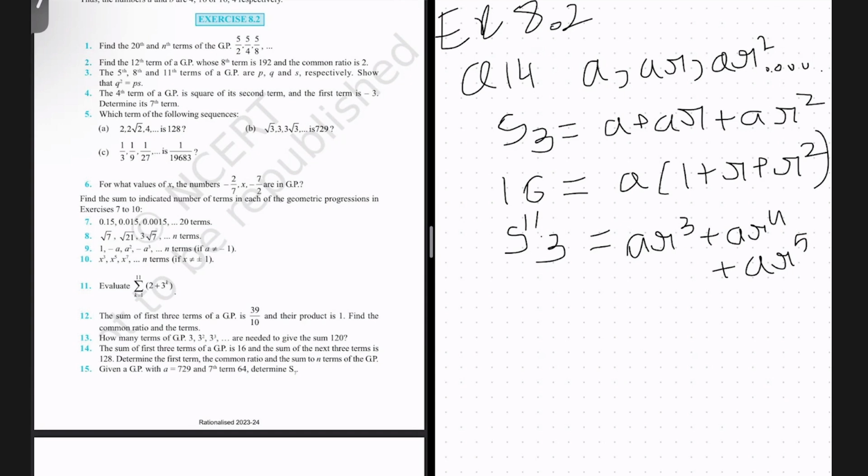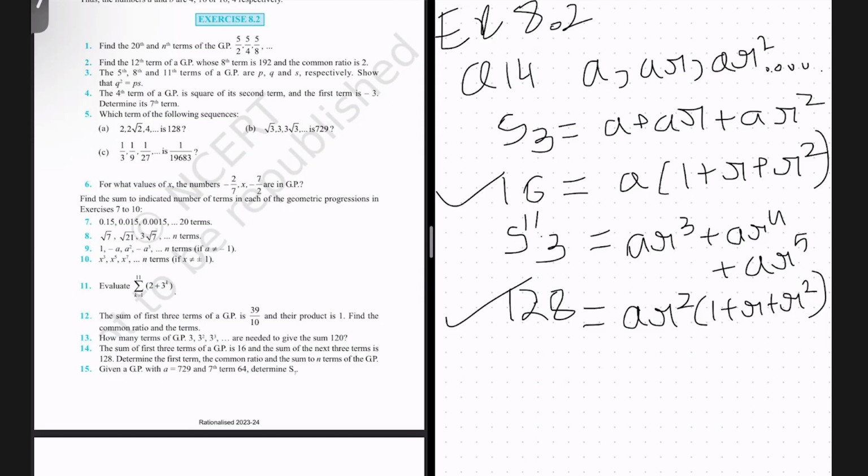Here also I can take out ar cube common, and I would then have 1 plus r plus r square here. On the other side, we have been given that the sum of the next three terms equals 128, right? So I have this equation. Let us denote this by second and let us denote the first by 1.